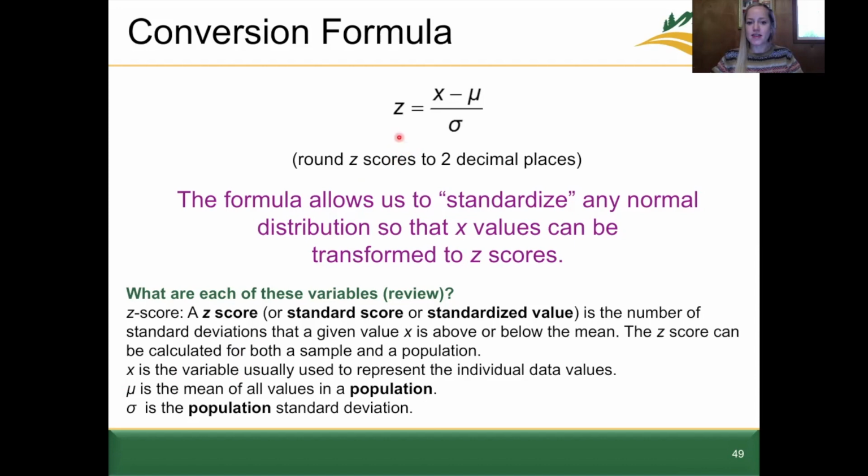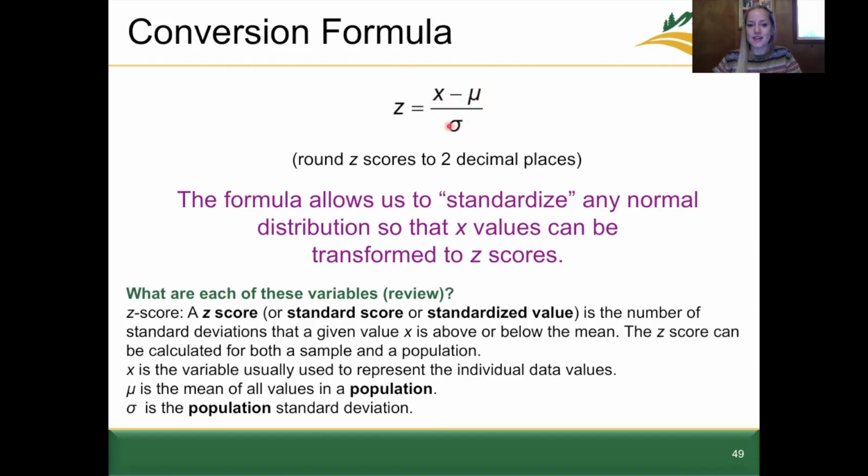Now, I want to point out something here. So we're going to make an x value into a z-score so that we can use the table or we can use Excel to find some given probability related to this x value. We need to do this when the mean is not 0 and the standard deviation is not 1. So what happens if this mean is 0 and the standard deviation is 1?